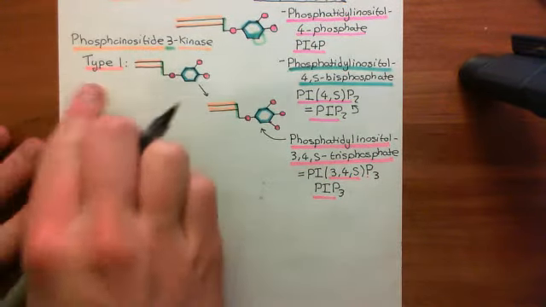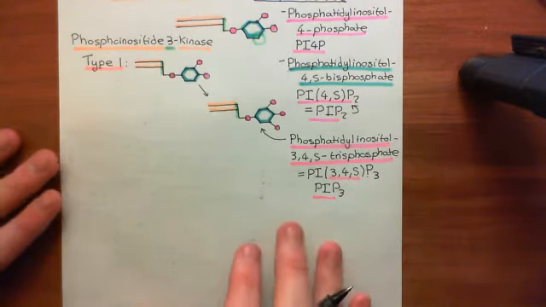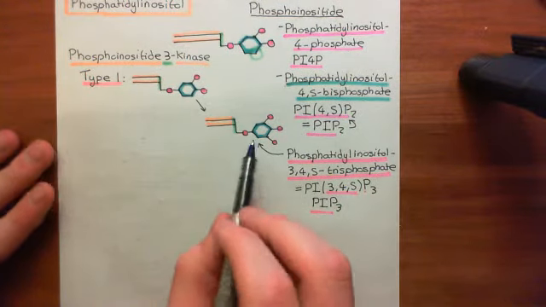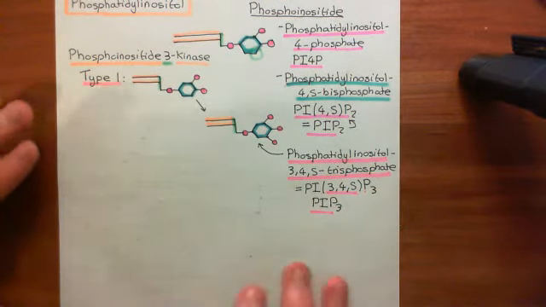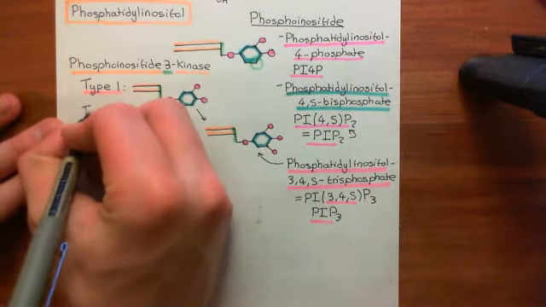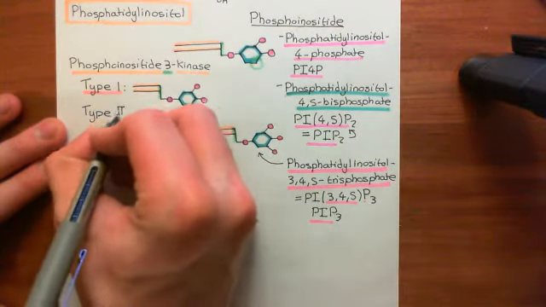Okay, so type 1 phosphoinositide 3-kinases convert phosphatidylinositol 4,5-bisphosphate molecules into phosphatidylinositol 3,4,5-trisphosphate molecules. Okay, next up, the type 2 phosphoinositide 3-kinase enzymes.